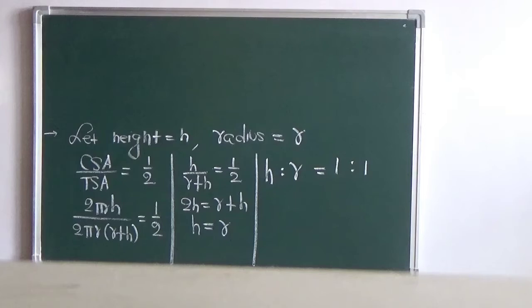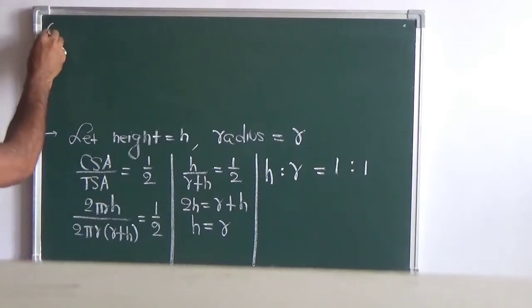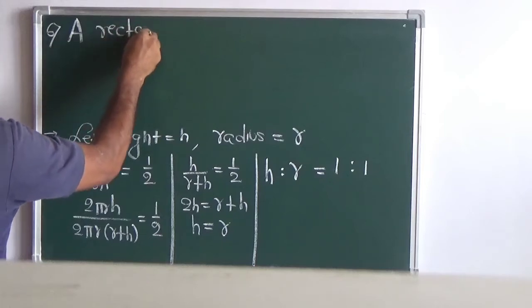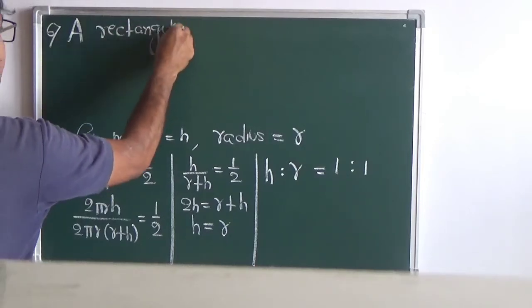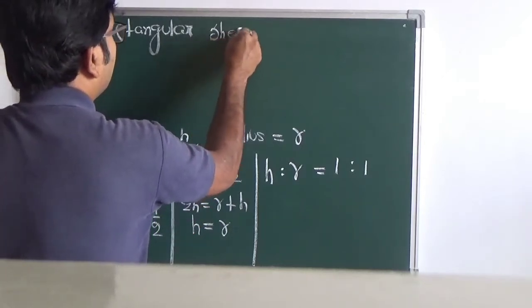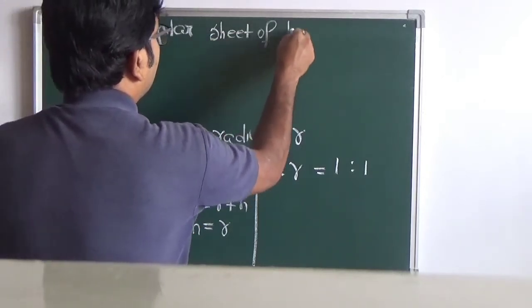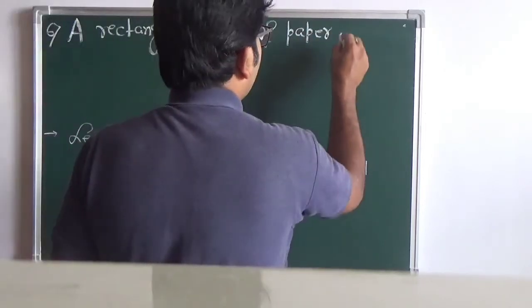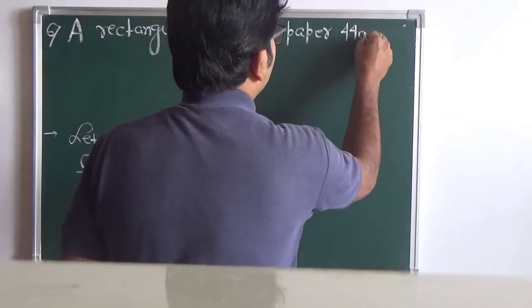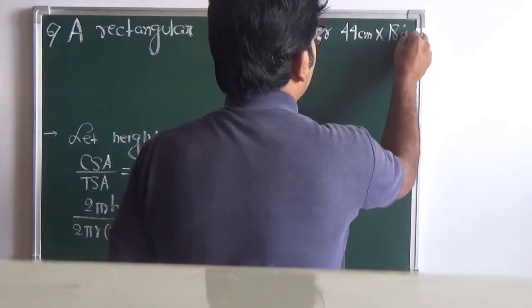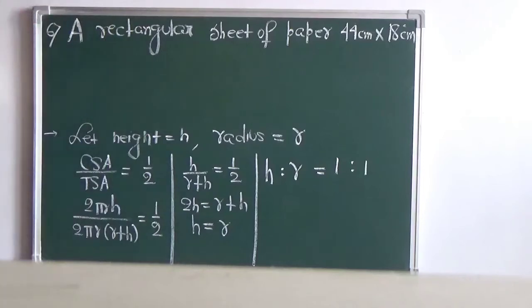Question number 6. A rectangular sheet of paper 44 centimeters into 18 centimeters. That is the dimension of the rectangular sheet of paper.